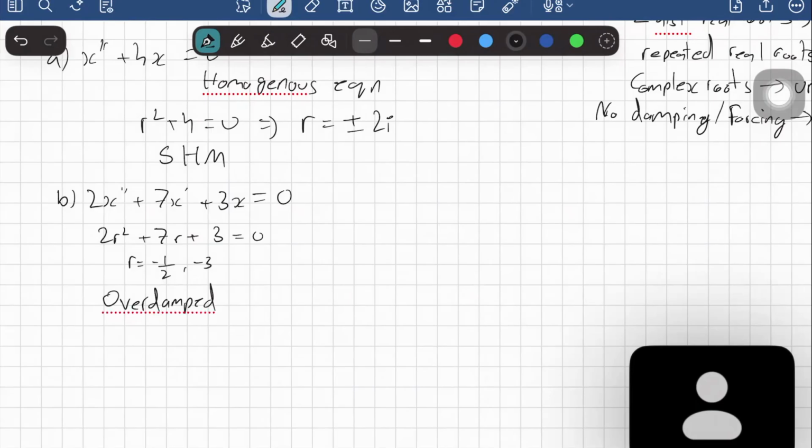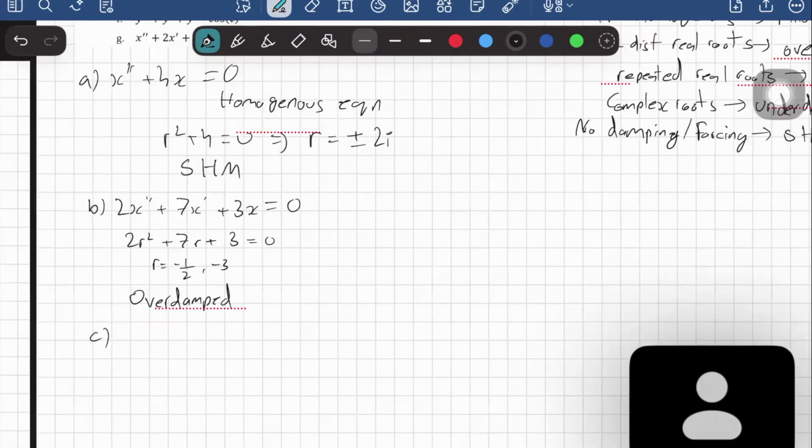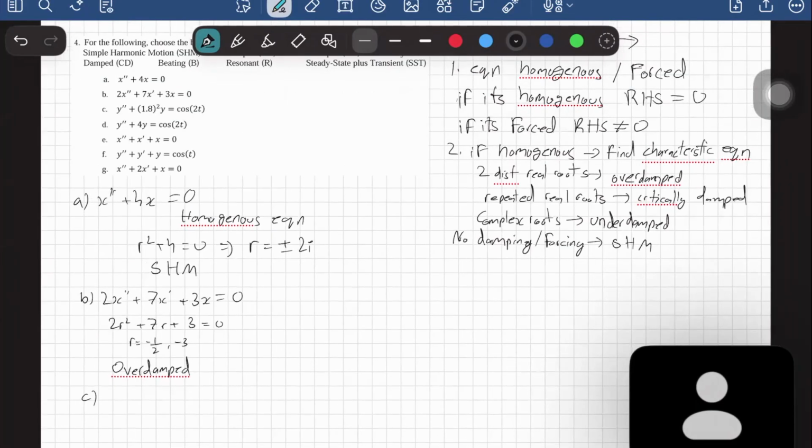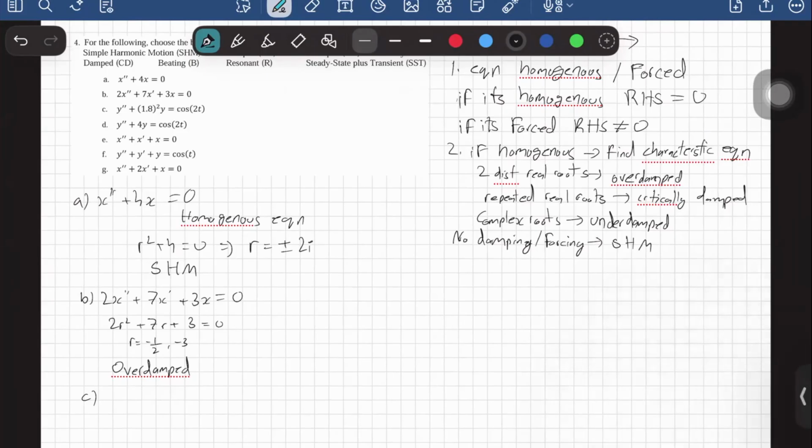Okay, let's look at the next question. We can see that our RHS is not equal to zero, so this is forced.